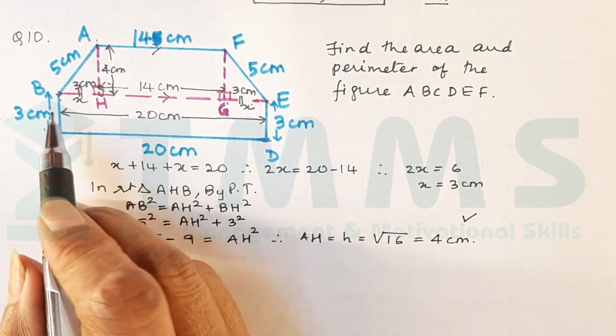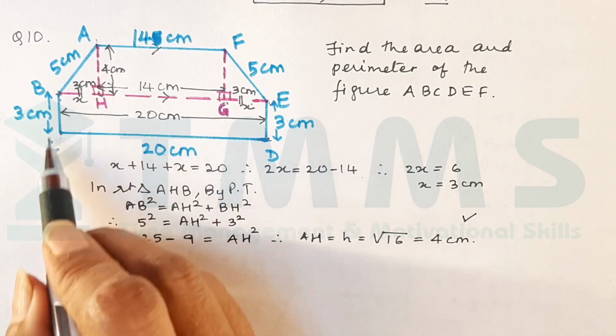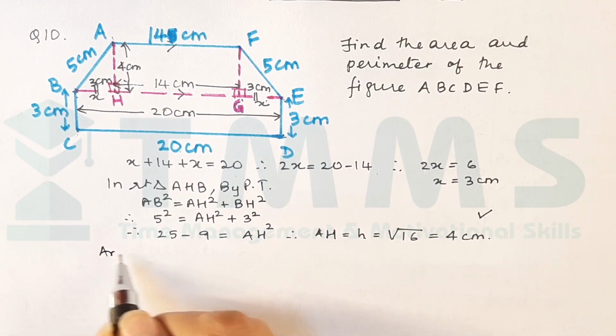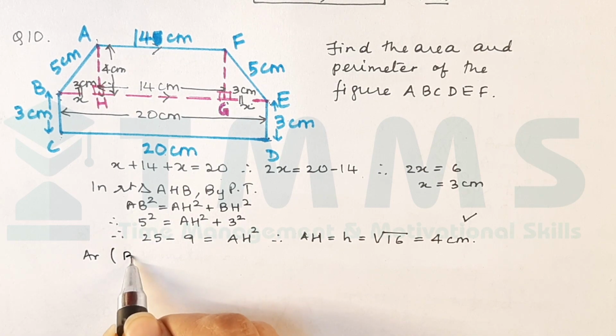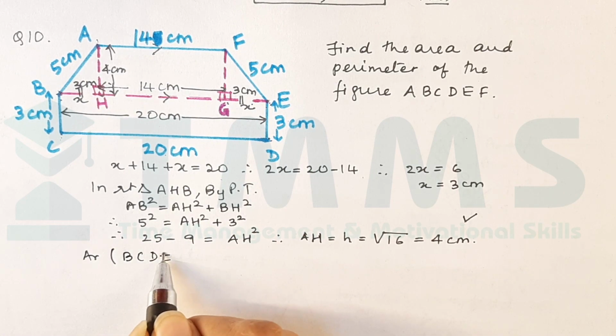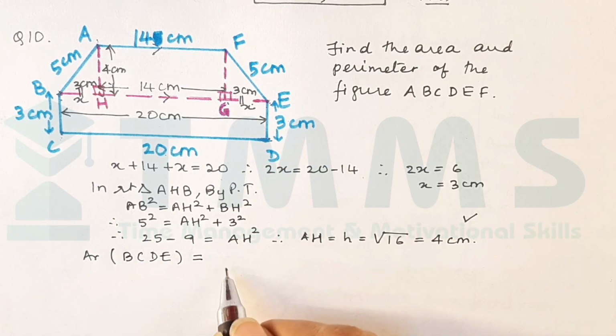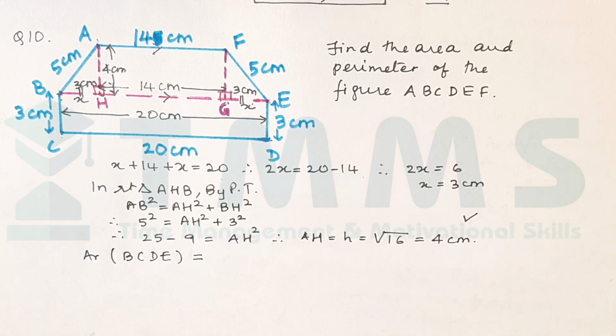Now we have to find the area of this whole figure. So we are going to say area of BCDE. BCDE will be equal to something multiplied by something.